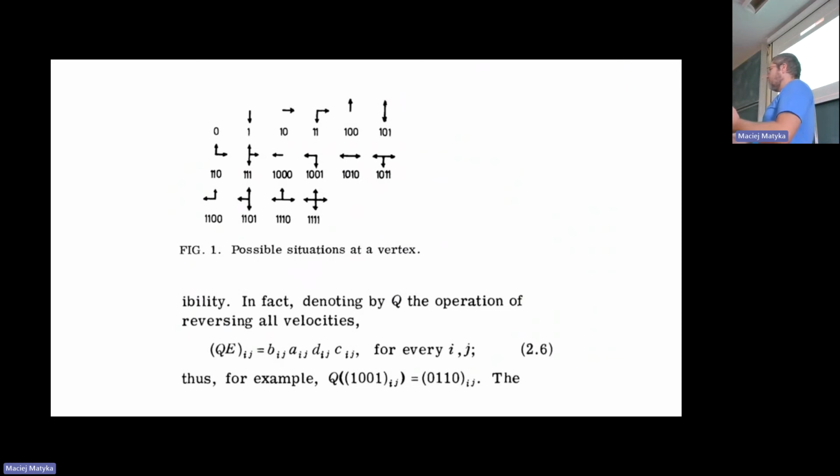Basically, each of the cells in your grid shows how many particles are going outwards from the cell. So you have a 0 for 0 particles, 1 for a particle going down, then 2 for a particle going right, 3 for particles going here and there, and so on.